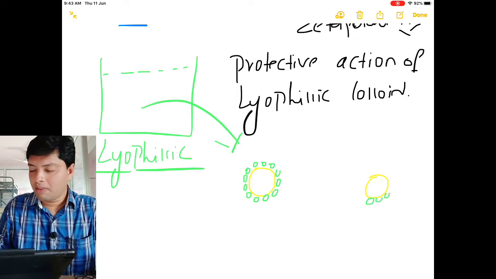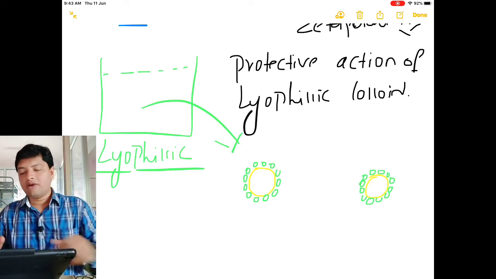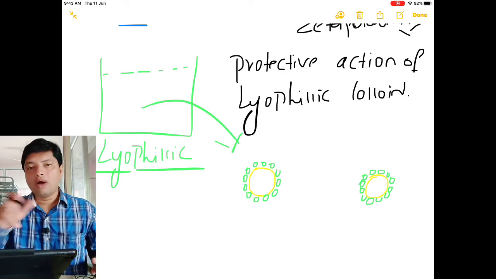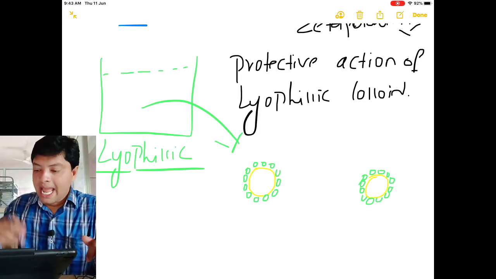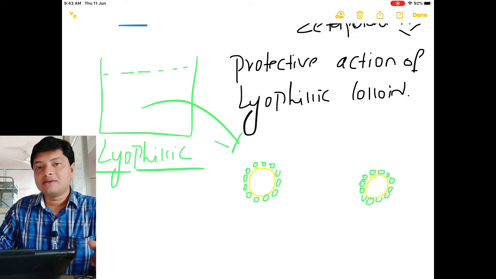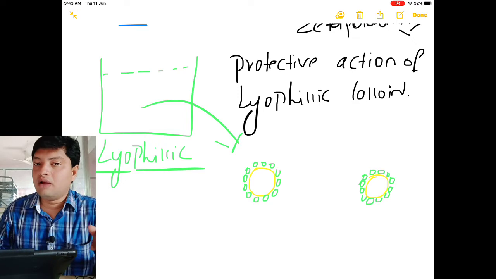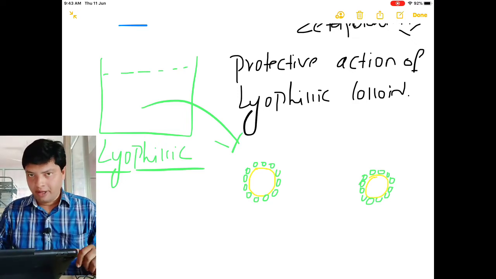It will get adsorbed on the surface of the lyophobic colloid. We have 2 gold colloids here. The lyophilic colloid will go and adsorb on the surface of the lyophobic colloid, hence forming a sheet. Now this sheet is water loving because the lyophilic colloid itself is solvent loving.